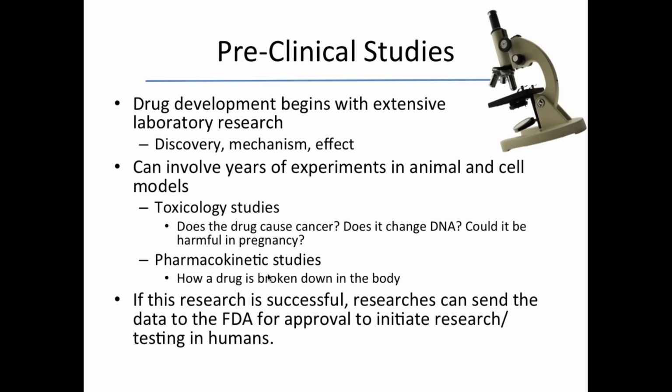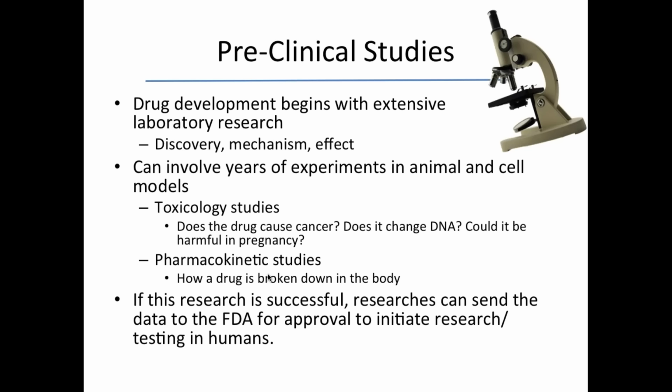Another thing that needs to be understood is what's called pharmacokinetics, and that is, how is this compound broken down in the body? Is it something that someone takes and then it sits in their body for the rest of their life and accumulates, or is it something that comes out of the body so quickly it can't possibly have an effect? Or another question is, do different people break that drug down differently, and you need to be considerate of how doses would vary from person to person.